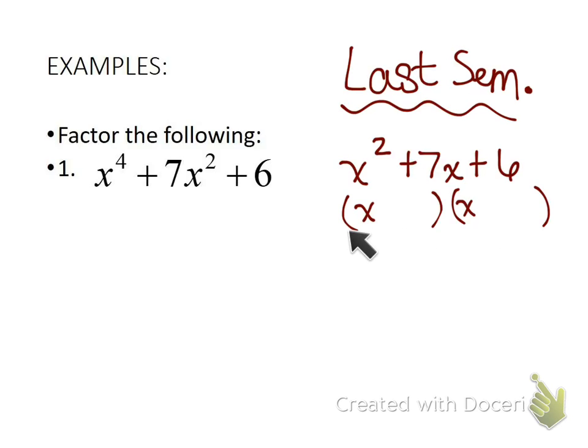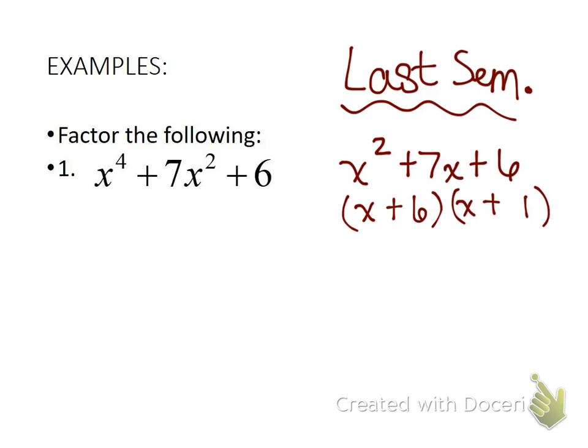Multiply them, and x times x would give me x squared. So that's why we put those x's in the front. What about my signs? They're both plus. How do I decide what those numbers should be? Good. Multiply to 6, add to 7. 6 and 1. Do we all feel pretty good about that?